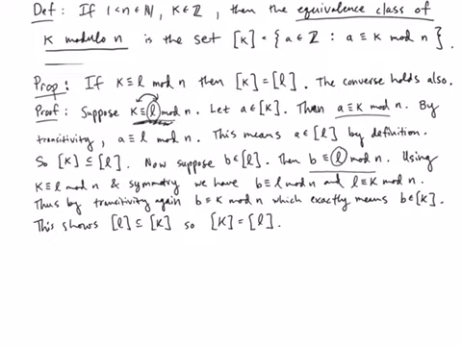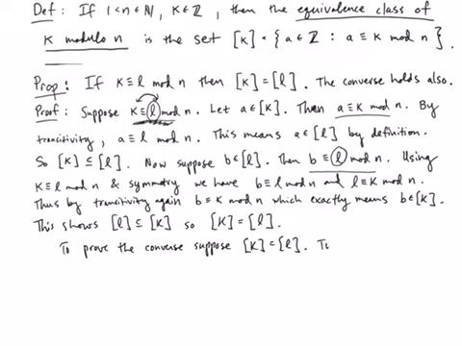All right. To prove the converse, suppose that the equivalence class of k equals the equivalence class of l. So what we want to show is that k is equivalent to l mod n.